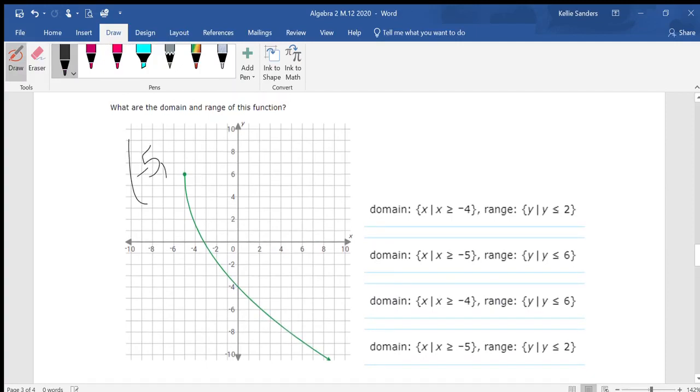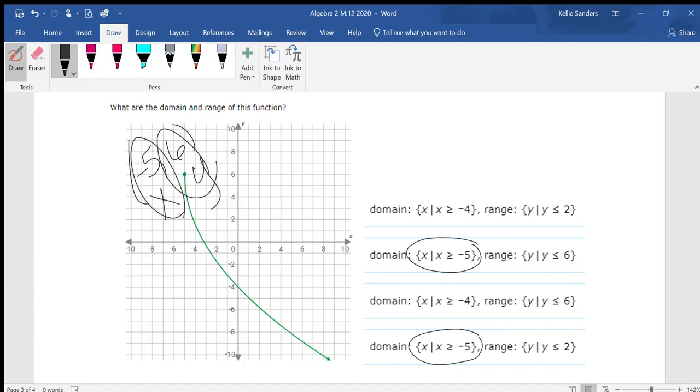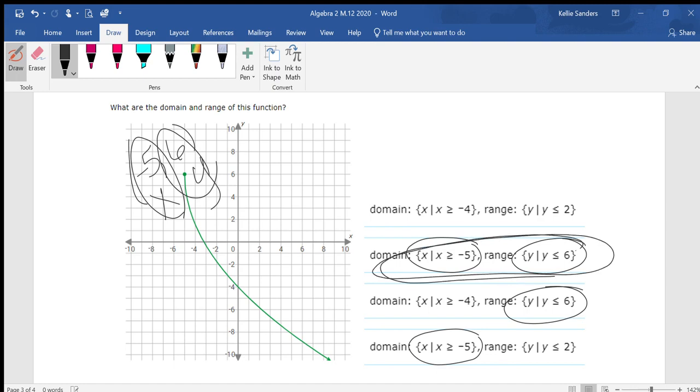This is at -5, +6. So the x is -5, the domain is -5, the y is 6, or the range is 6. So let's take care of -5. Here's a -5, here's a -5, y is 6, and those are 6. These are the only two that possibly could be without me having to look at the arrows.